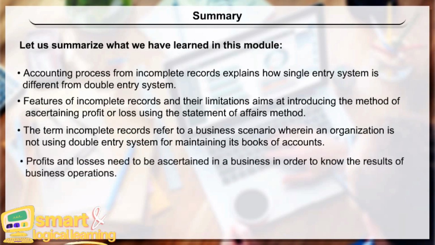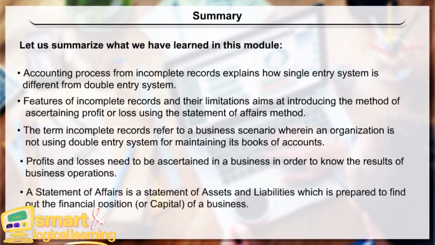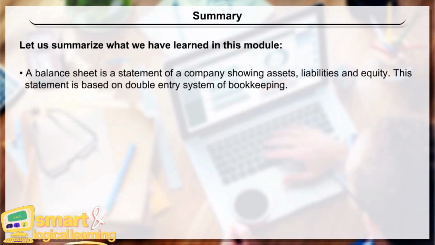Profits and losses need to be ascertained in a business in order to know the results of business operations. A statement of affairs is a statement of assets and liabilities which is prepared to find out the financial position or capital of a business. A balance sheet is a statement of a company showing assets, liabilities, and equity.